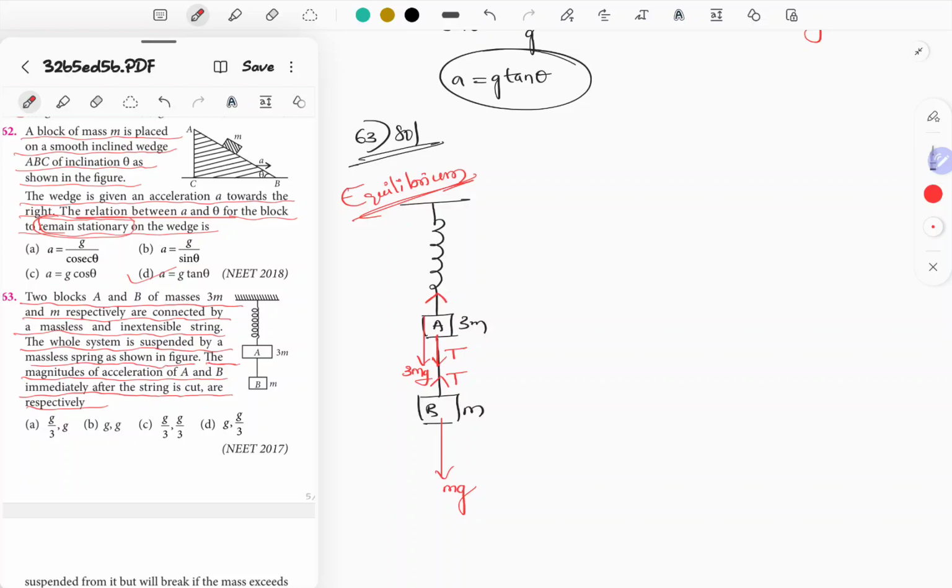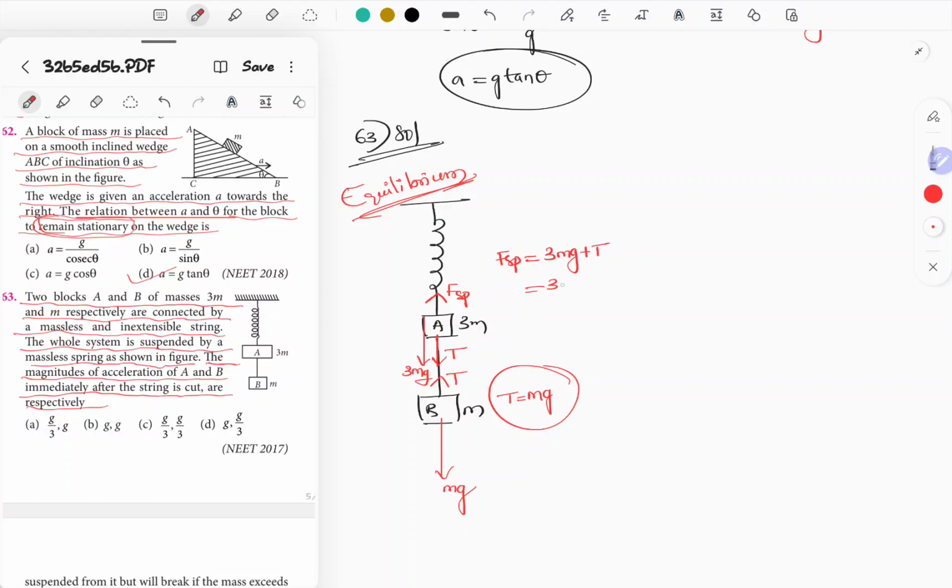And the spring force direction is away from the point of contact, that is from A, which is equal to F_sp. So if you observe here, tension in the string is going to be mg. On block A, the upward force is F_sp, and the downward force is 3mg plus tension in the string.